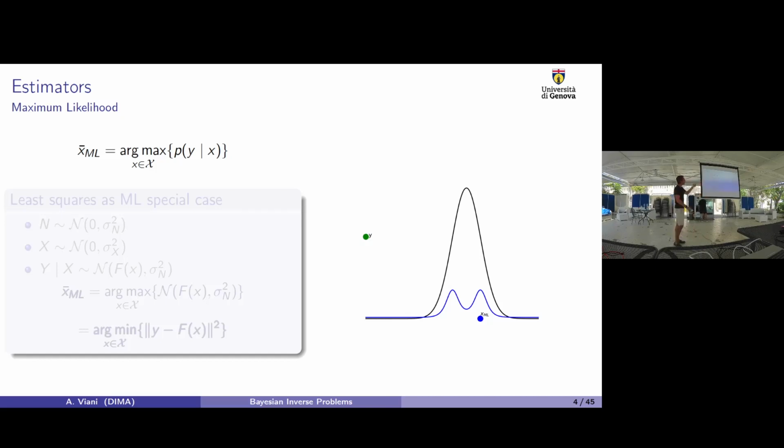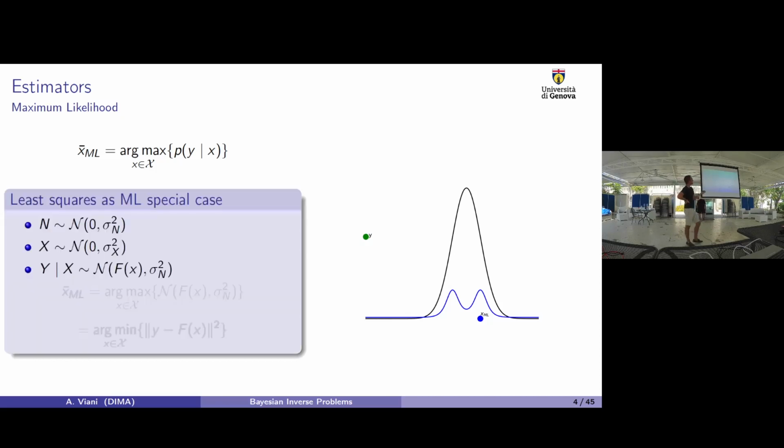Why? Because the maximum likelihood, so the configuration of the unknown that maximizes the probability of having measured y. So we are using some configurations and we are looking for the one that best fits the data. So here we are fitting the data.